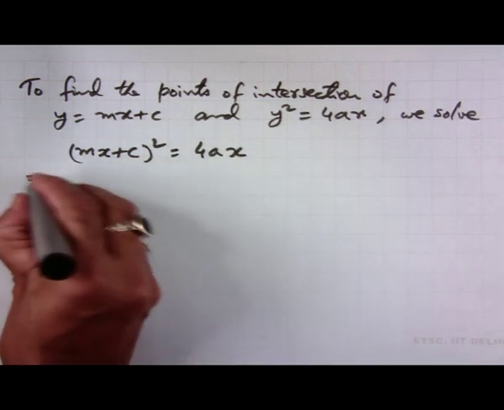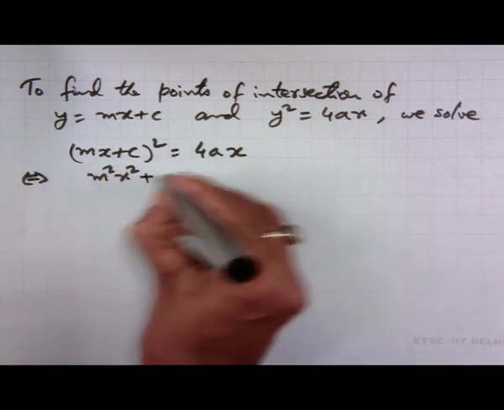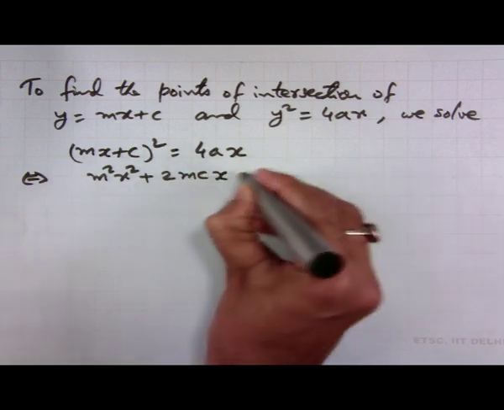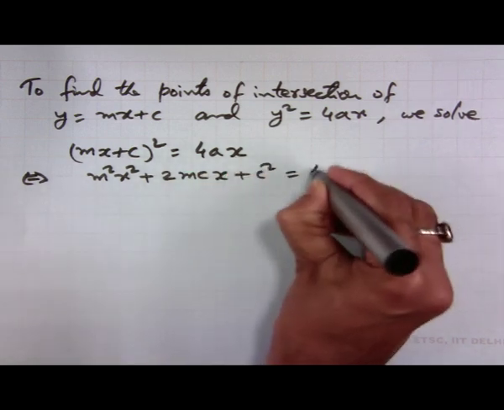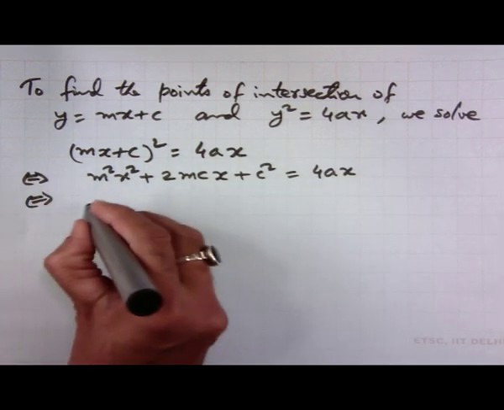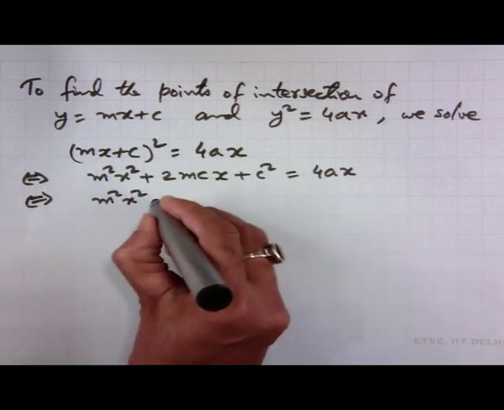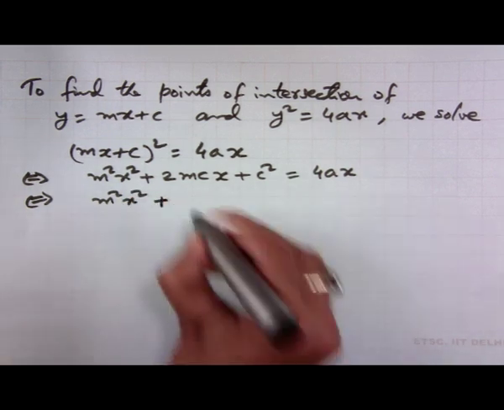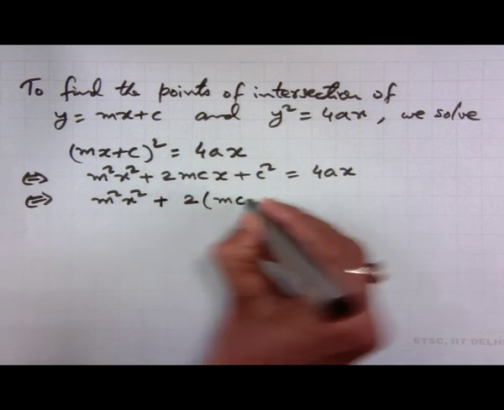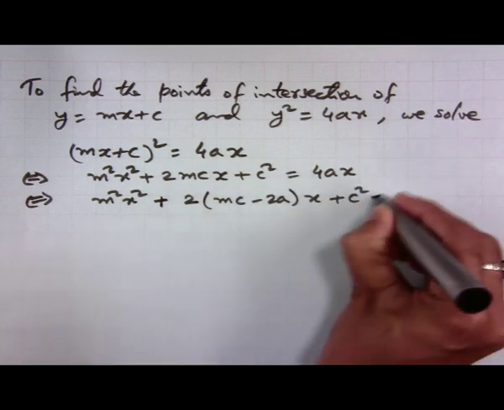This is equivalent to writing m square x square plus 2 m c x plus c square equal to 4 a x, that is m square x square plus 2 times (m c minus 2 a) x plus c square equal to 0.